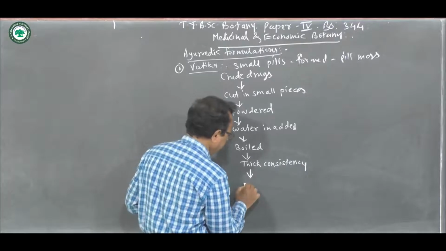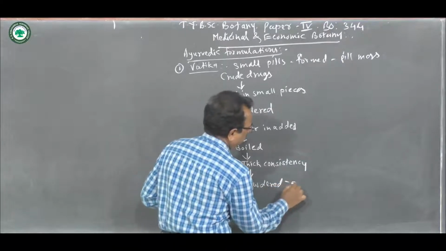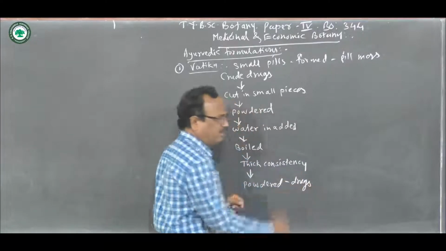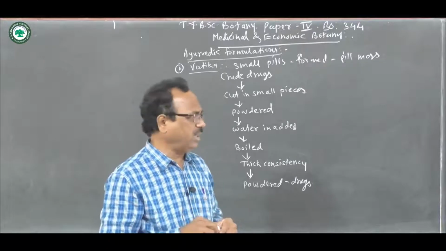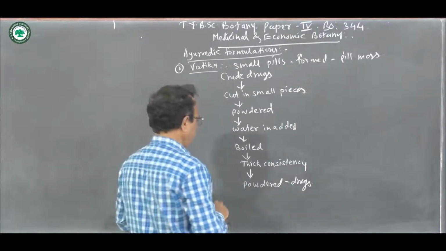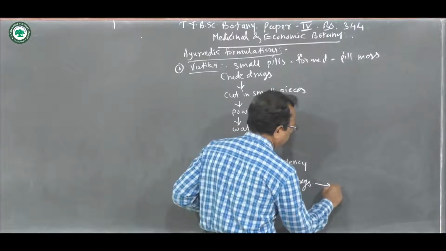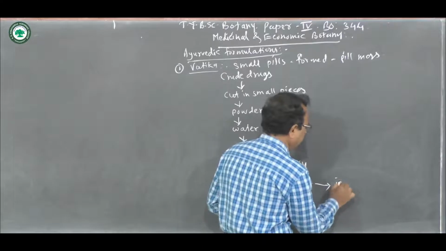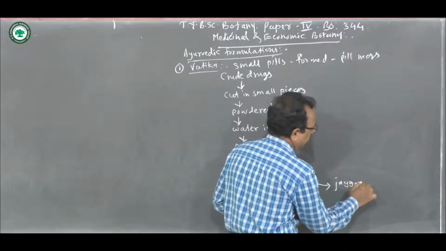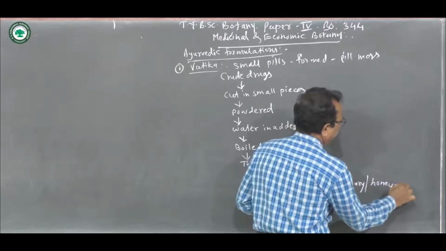Sometimes powdered drug is added so that we can make the pills easily. Then sometimes a sweetening material, that is jaggery or maybe honey, is added.